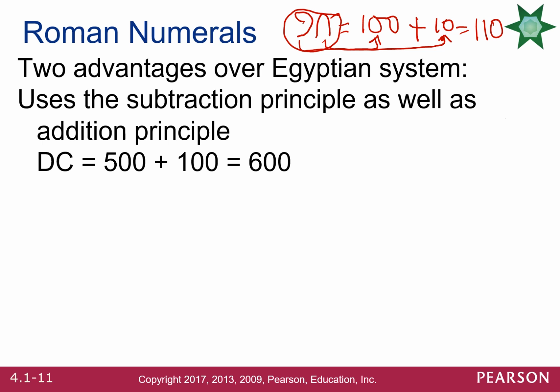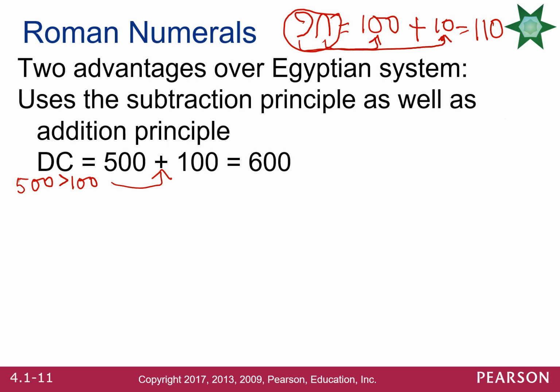Let's do the comparison of the individual values of these two numerals. D has a value of 500, C has a value of 100. 500 is greater than 100. If the value on the left hand side is greater than the value on the right hand side, we add, correct? And that's why they have added. So 500 plus 100 is 600.